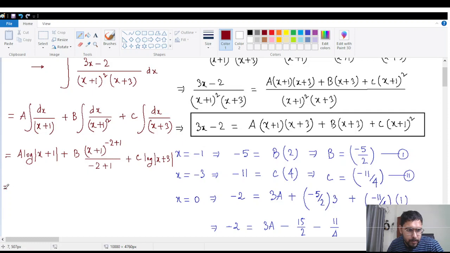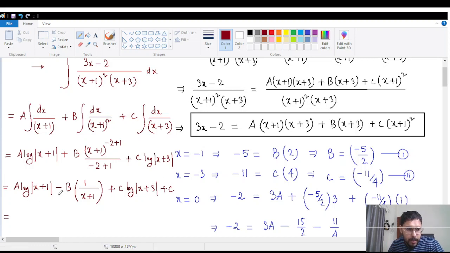Now here, one more line I'll attach: a log of x plus 1 plus, okay, now minus, because -2 plus 1 is -1, so this minus will stay: minus b times x plus 1 to the power of -1, which means it will be 1 by x plus 1, plus c logarithm of x plus 3, plus c.